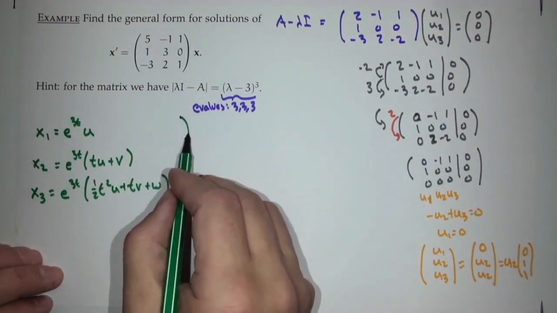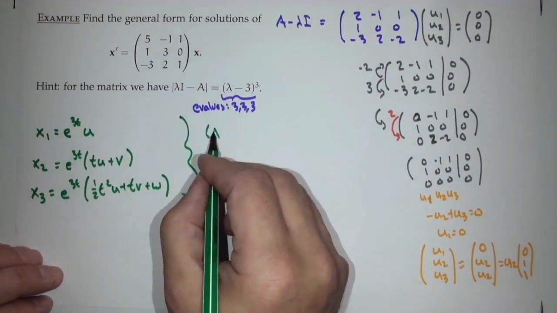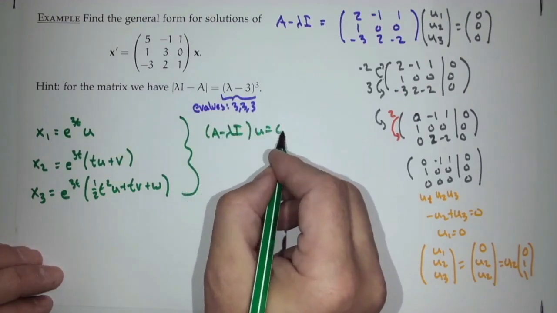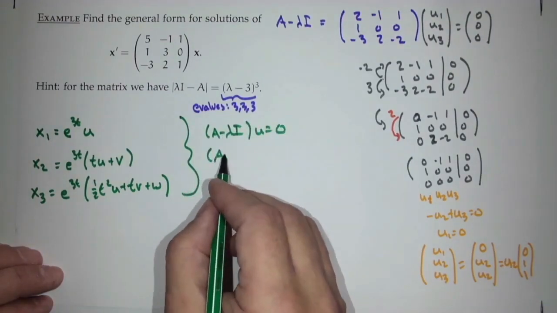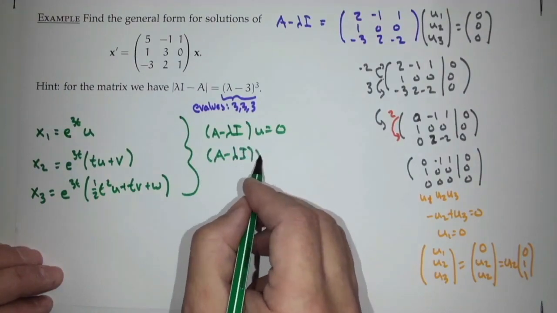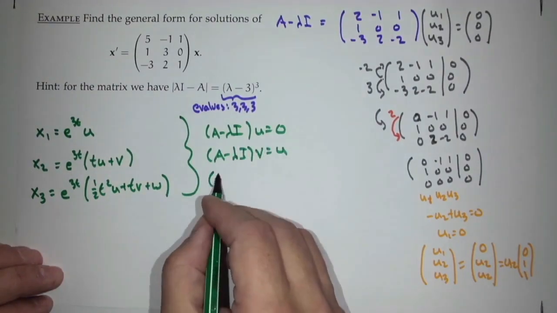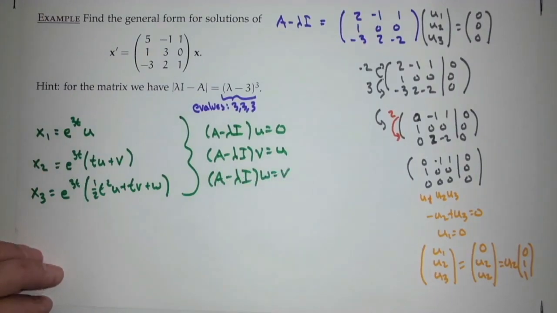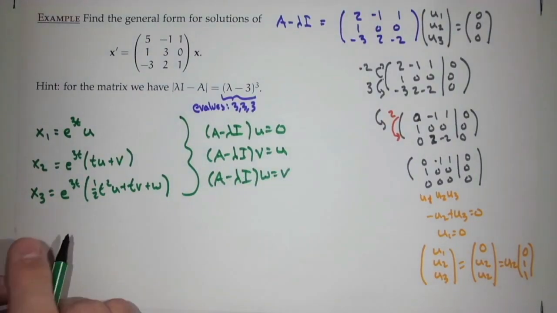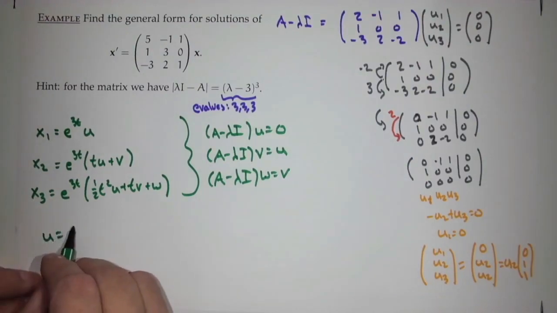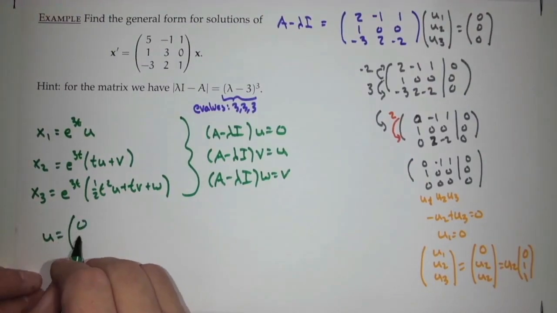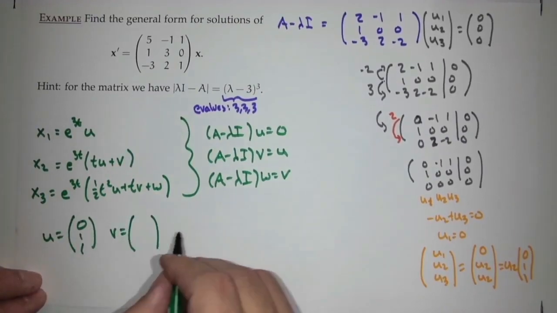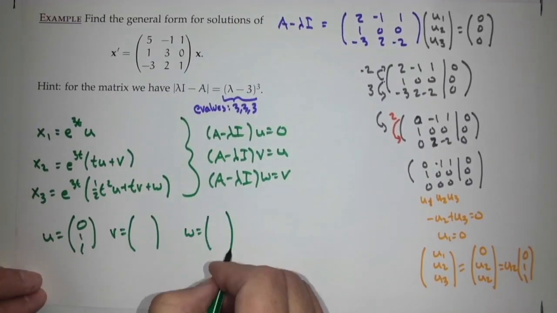Where we have A minus lambda I times u equals 0. We've already found that one. A minus lambda I times v equals u, and A minus lambda I times w equals v. So we know u is 0, 1, 1. So we have to find v, and we have to find w.